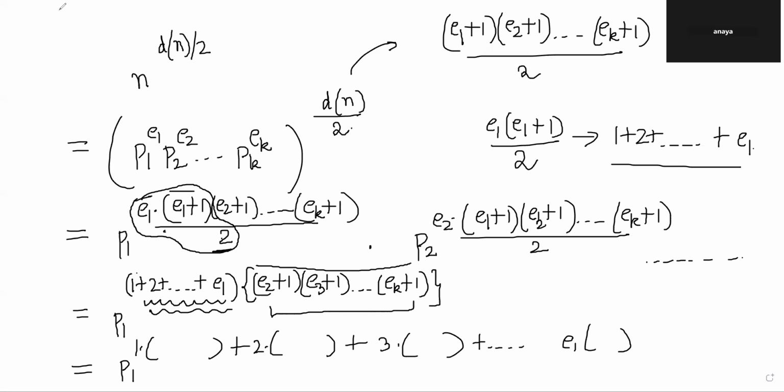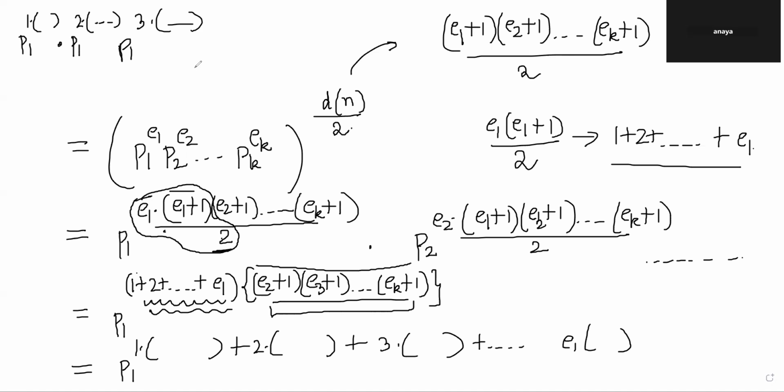That is basically p1 to the 1 times this stuff, multiplied by p1 to the 2 times this stuff, p1 to the 3 times the same thing, and so on till p1 to the e1 times the same thing. Right. These are all individual divisors. Correct.